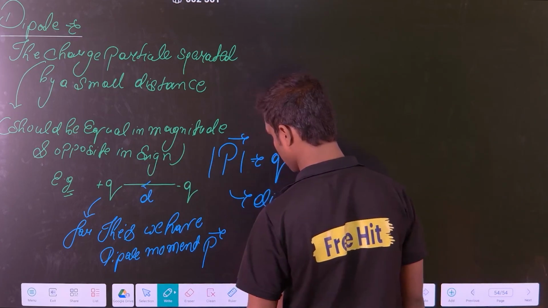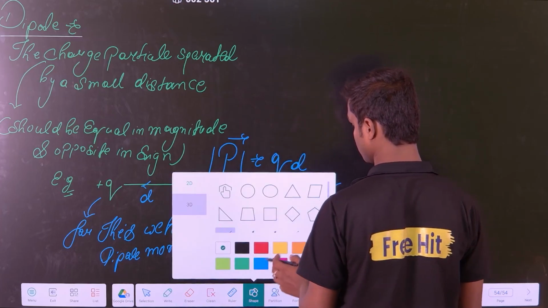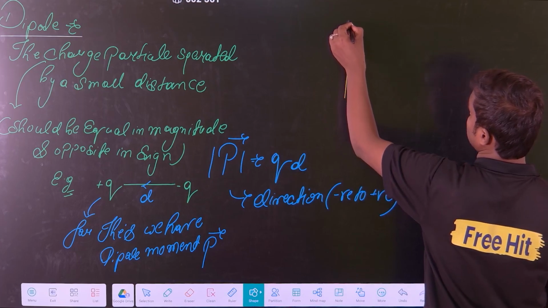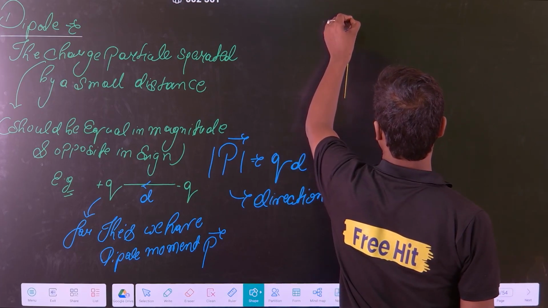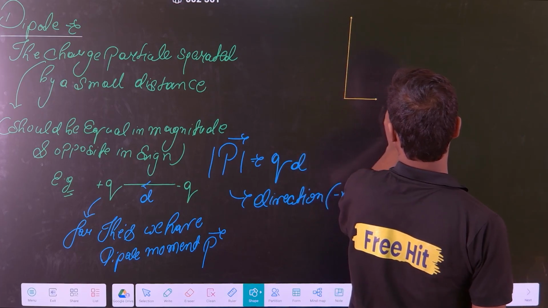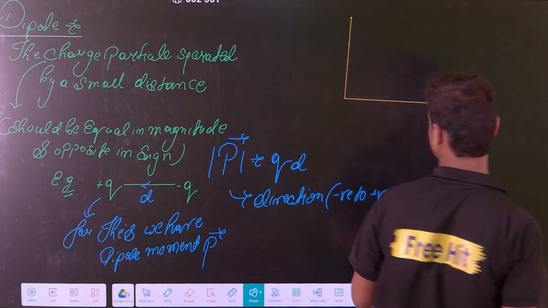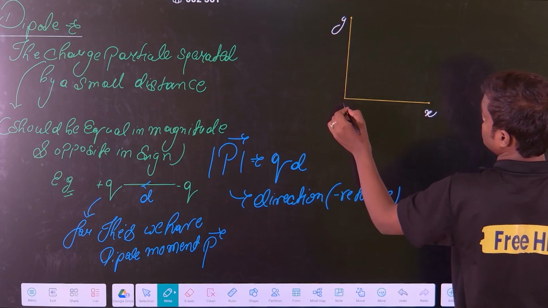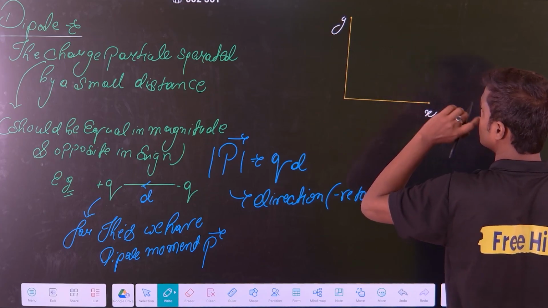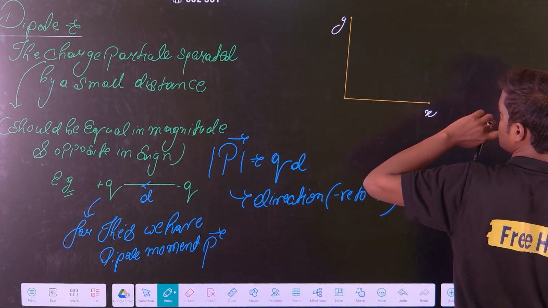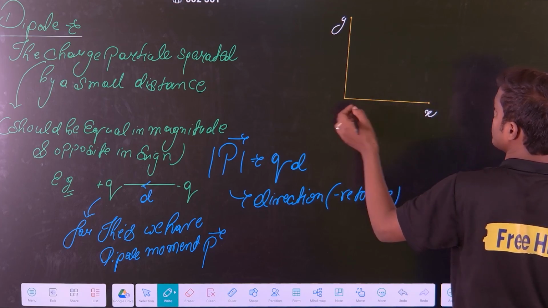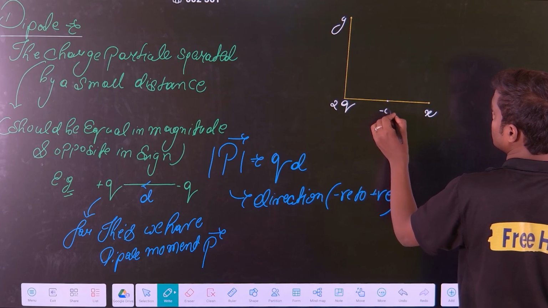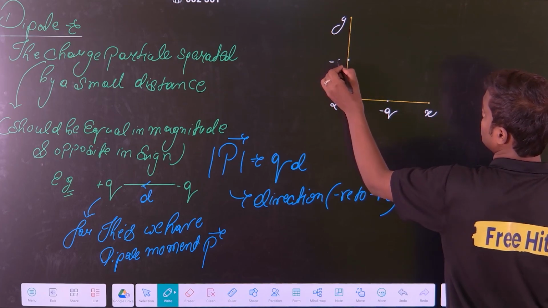So let us take one example. Suppose this is my y-axis, and this is my x-axis. Suppose this charge is 2q, and this charge is minus q, and this charge is minus q.